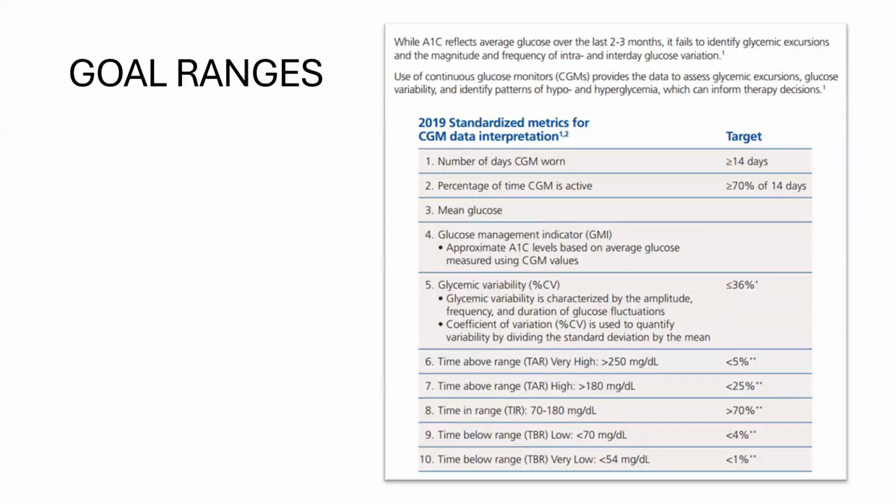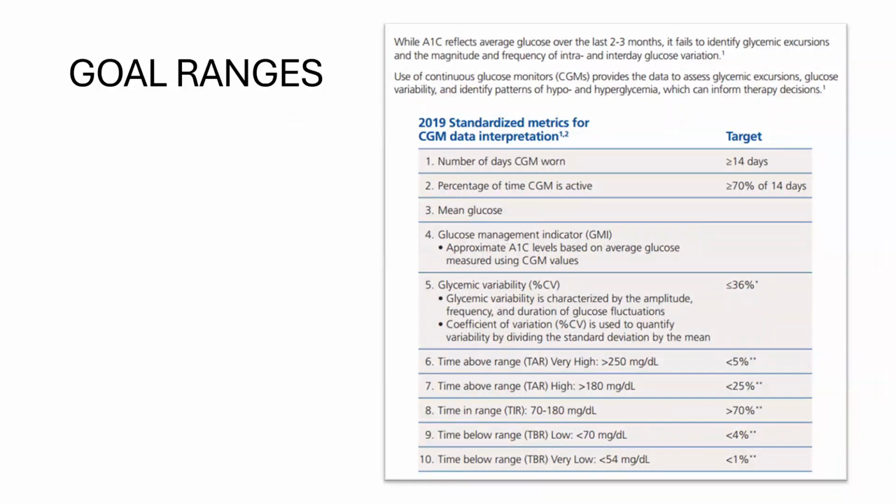GMI, again, that's largely similar to a calculated estimated A1C. We'll talk about that just a little bit more here coming up soon. Glycemic variability, again, percentage of coefficient of variation. That's something we want below or equal to 36%. The lower we go, the tighter that we end up seeing that median trend line, as well as those color plots, which generally is very, very positive for us.